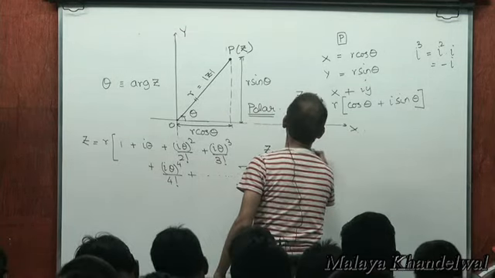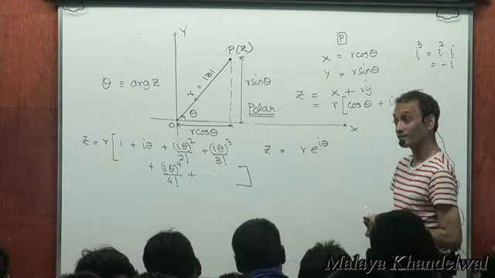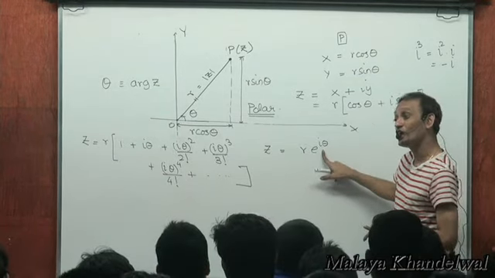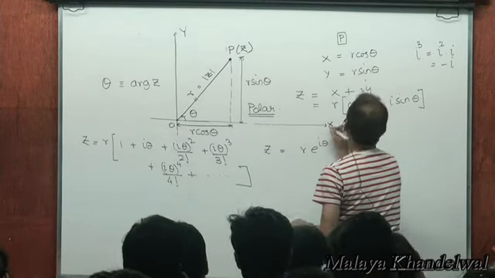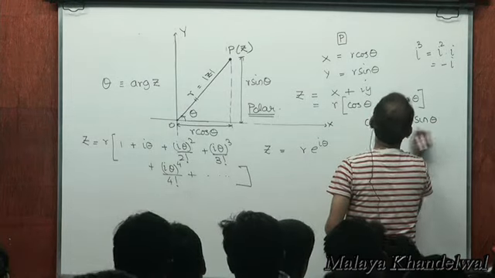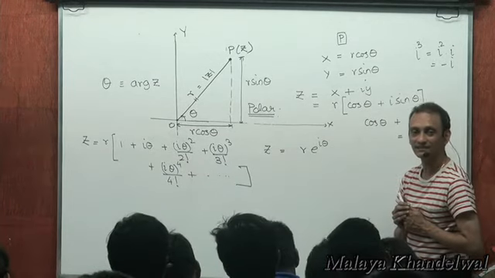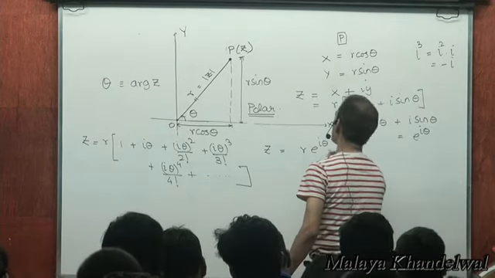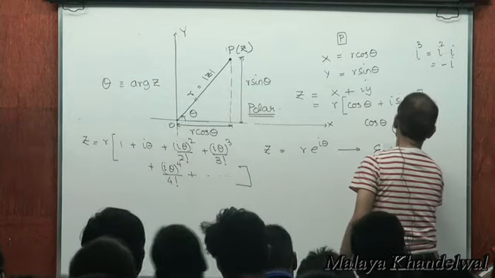Z therefore is r e to the power i theta, where r is the modulus and theta is the argument. Cos theta plus i sin theta got reduced to e to the power i theta. This representation of the complex number is called Euler's representation.